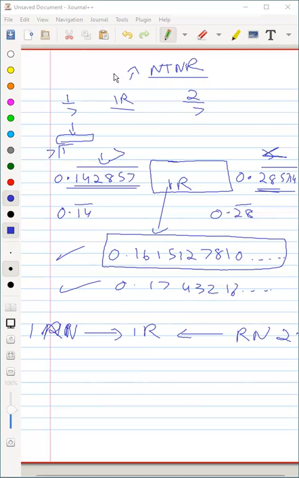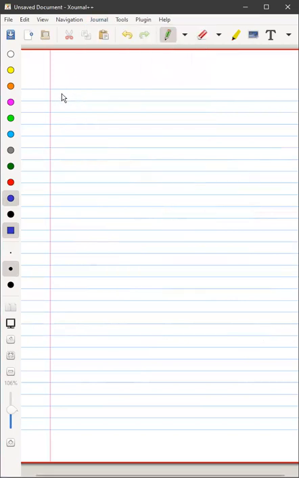Fine. Now let's further see how we can represent real numbers on the number line. Let's say we want to represent 2.665.